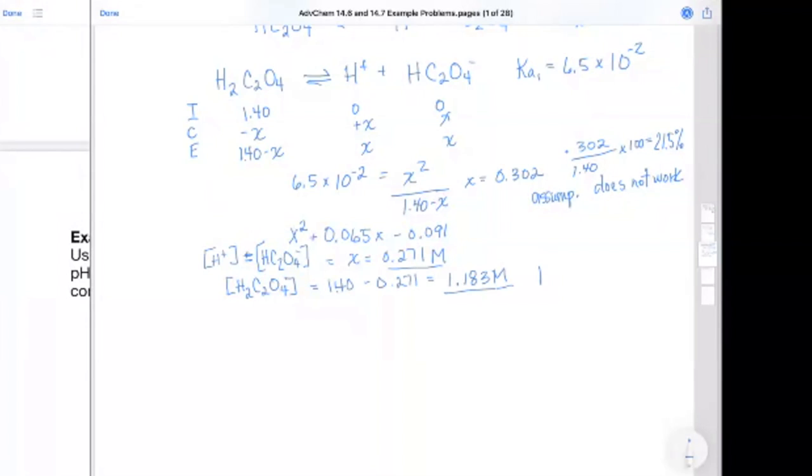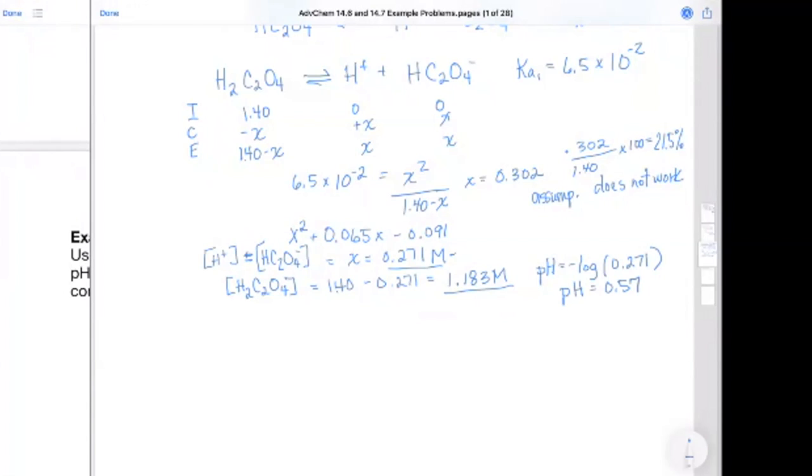Now, if you wanted, you could go ahead and calculate the pH. So then back to the hydrogen ion concentration, the negative log of the 0.271, and it becomes 0.57. Now, that is just getting to the first hydrogen being pulled off.